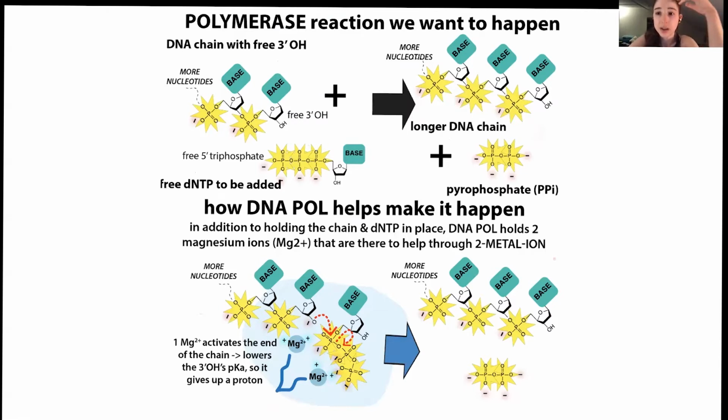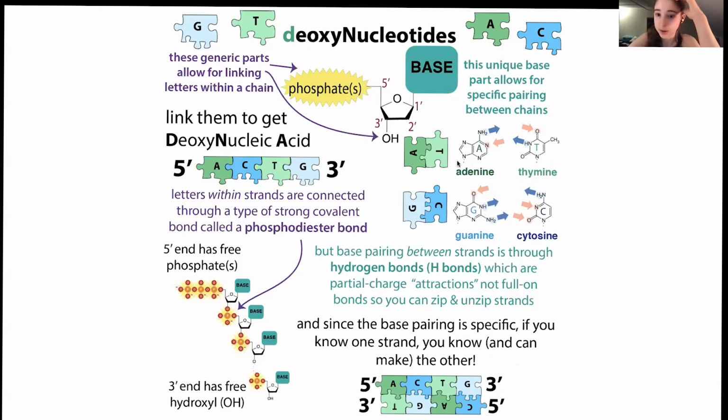If you're wondering about specificity, the polymerase, and I'll tell you more about the active site in a minute, where I think the reaction is actually happening, has ways to tell if a correct nucleotide is being added. By correct, I mean that it has this complementarity.